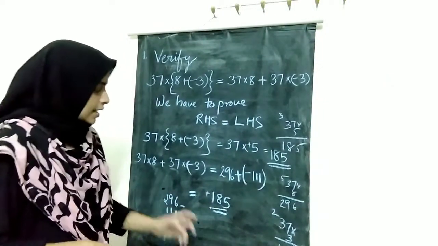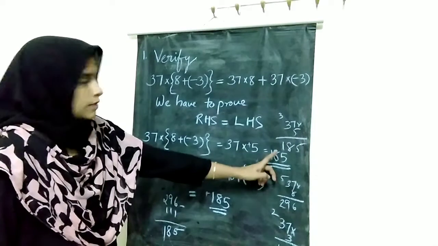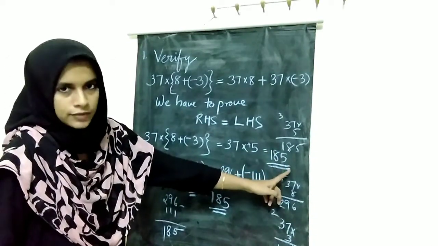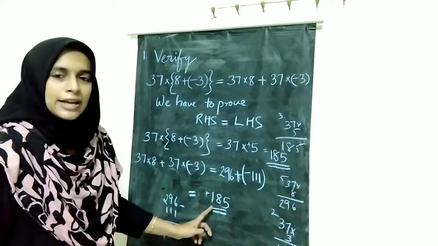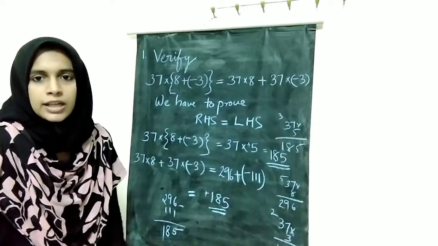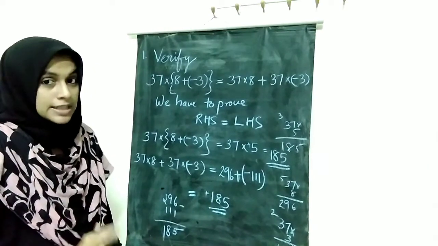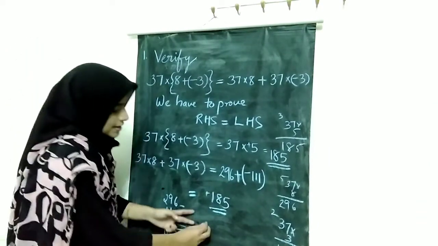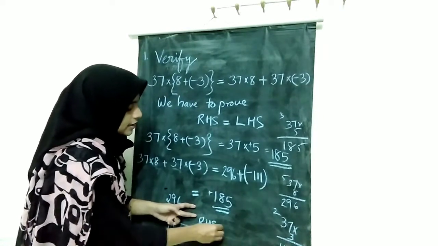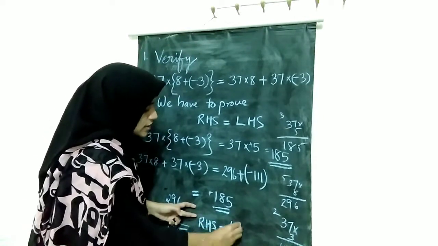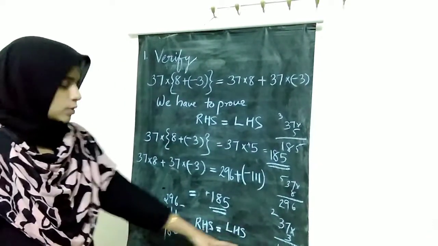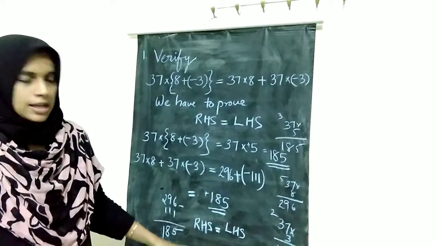Now you can see that when you solve the right side of the equation, you got 185. When you solve the left side of the equation, then also you got 185. Both are same. So as a conclusion, we can write right side is equal to left side. LHS is equal to RHS. Clear?